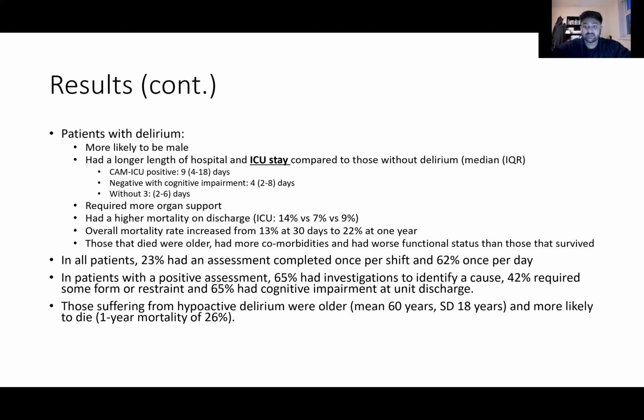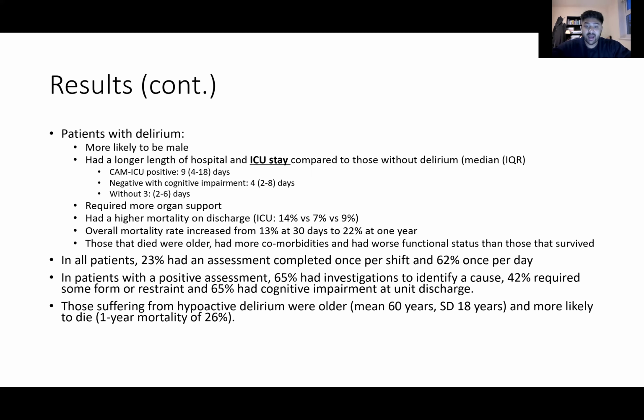So again, we can see this is a huge burden for not just the critical care unit, but also the ward, and ultimately once they reach home, for families and carers once these patients are discharged, because it can be something that will last weeks to months.